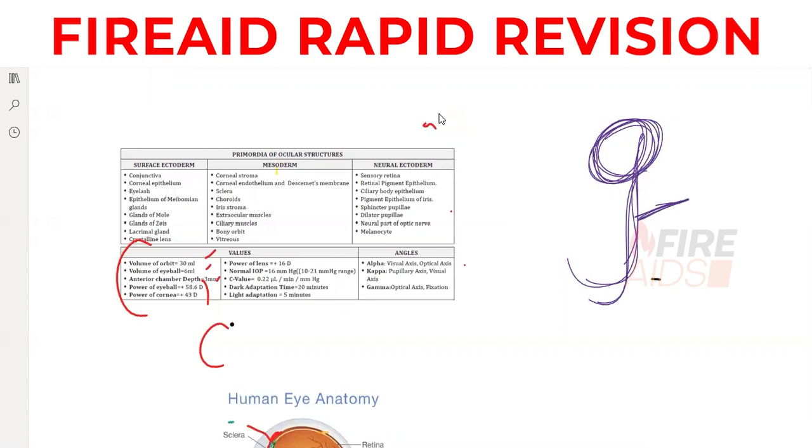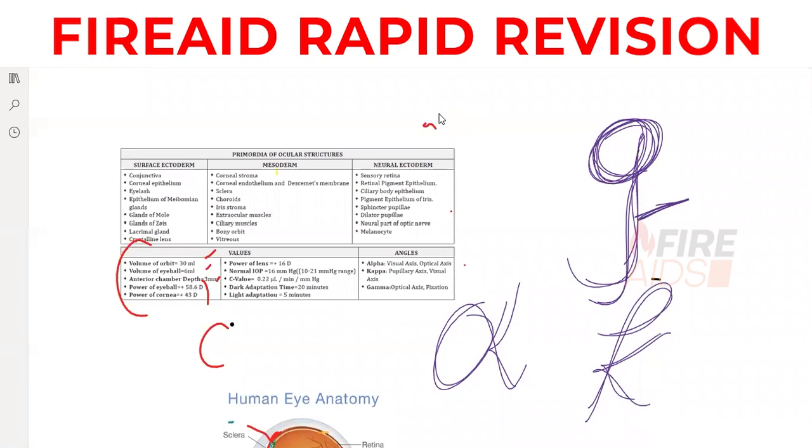So I repeat, alpha has a V and an O, kappa has a P and a V, gamma has an F and an O. Is that clear? Is this easy to memorize? I revised it almost 3 or 4 times here, so that the ocular structures and these values you should never forget.